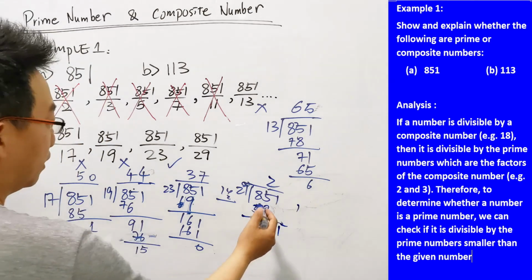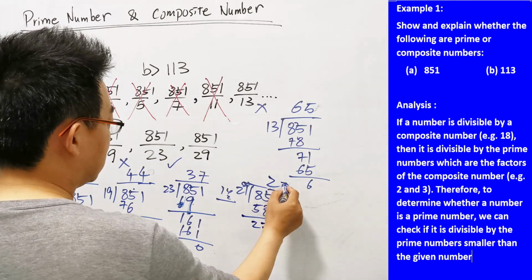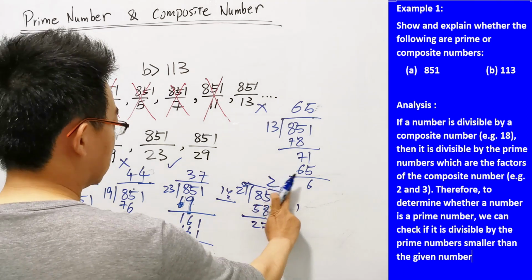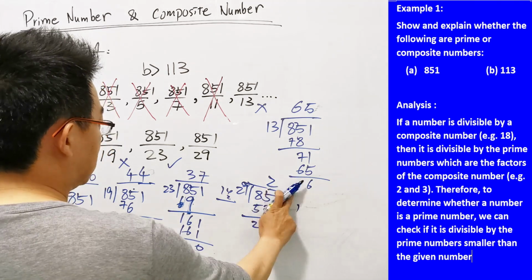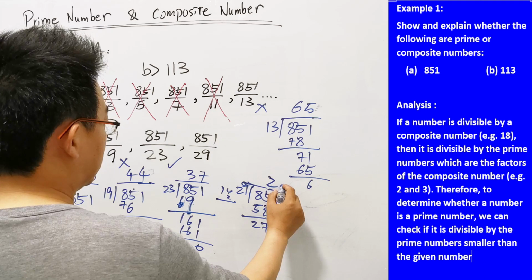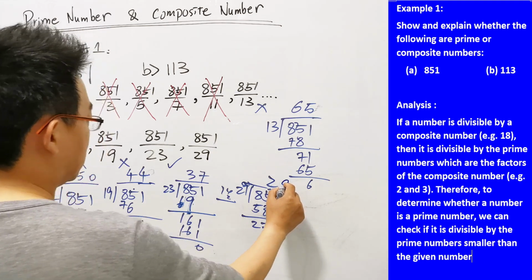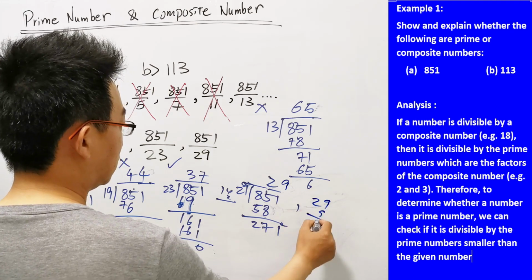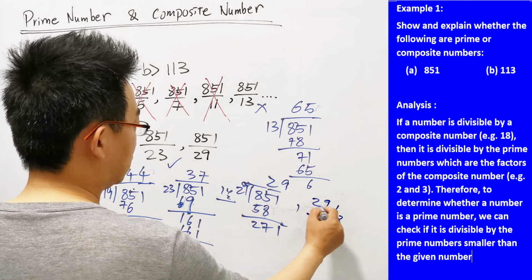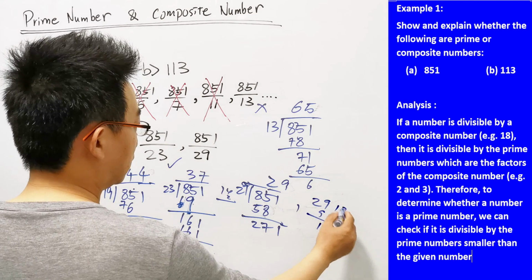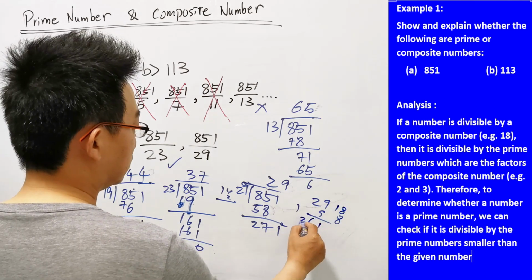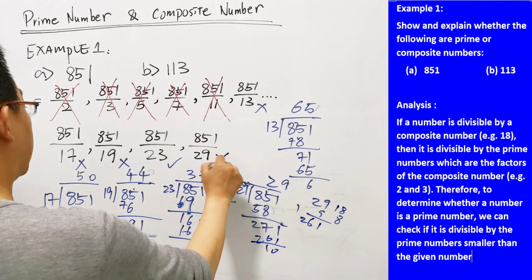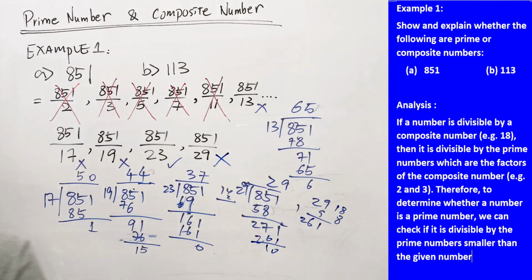Anyway, let's try this 7. We try 9. 2 8s, I think. So I'm going to get 6 2 1. Anyway, we can't get the whole number.